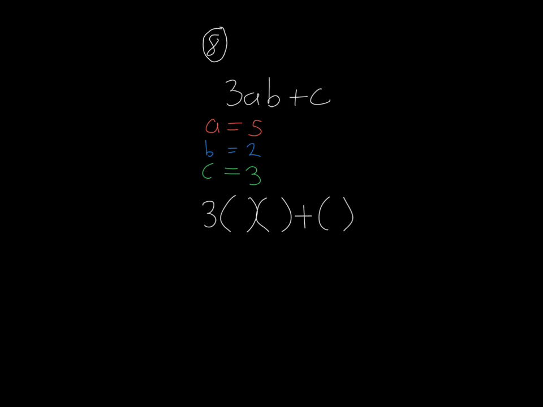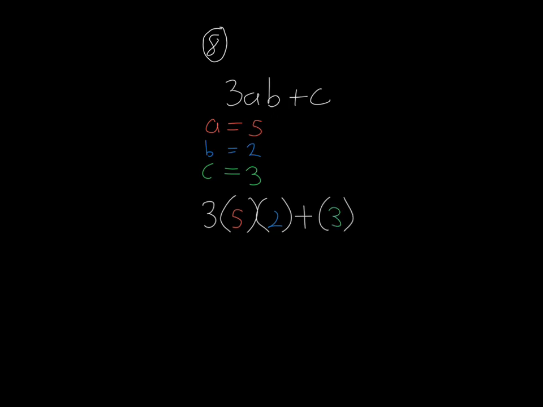So instead of my variables, I have written brackets, because we are going to be substituting in values for each of those variables. So for the variable a, we were told that a equaled 5. For b, we were told that it equaled 2. And for c, we were told that it equaled 3.